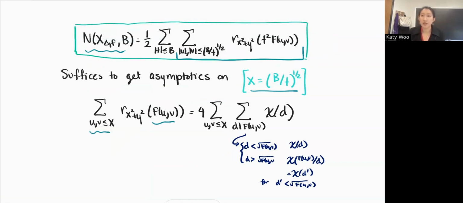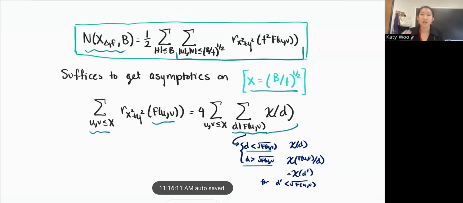And so the first thing we're going to do is we're just going to plug in that nice expression for r of n, and so we get the sum over divisors of f of uv of chi of d. Next, we'll do a very classical trick where we just split up the sum over divisors of f of uv by when they're less than the square root of f of uv and greater than the square root of f of uv. And when they're less than the square root, we'll just leave it be.